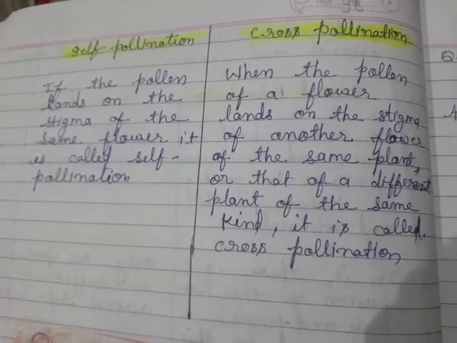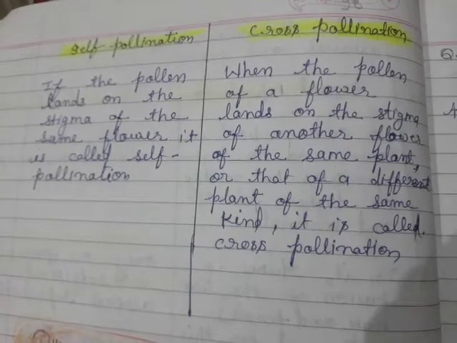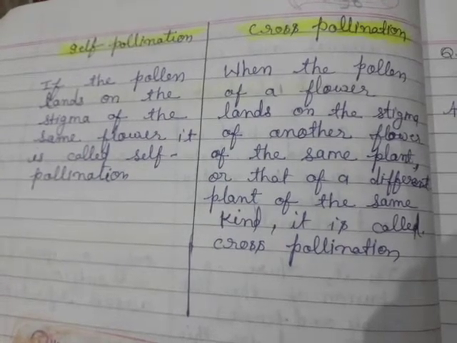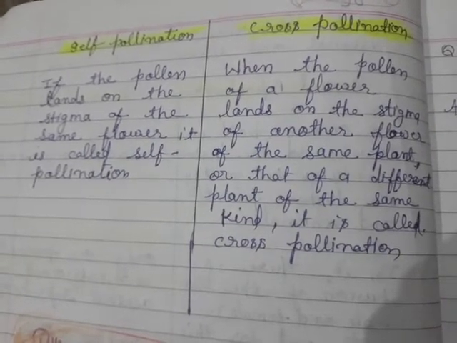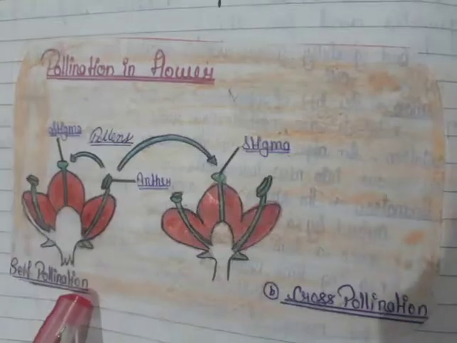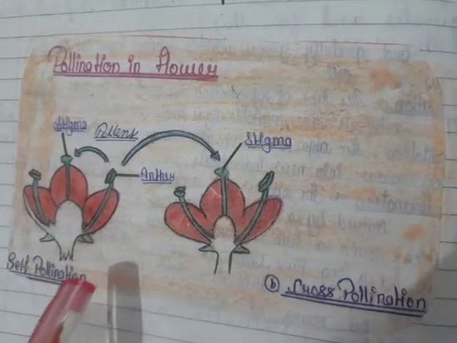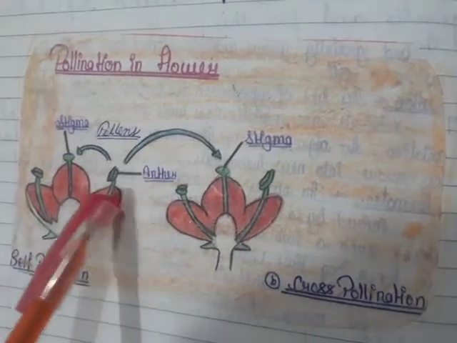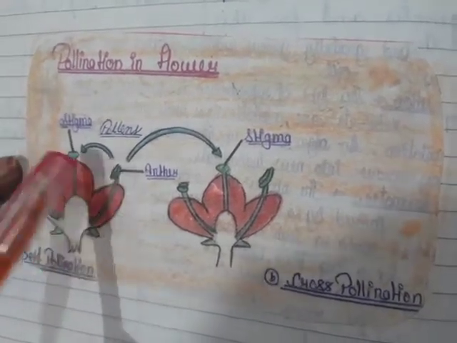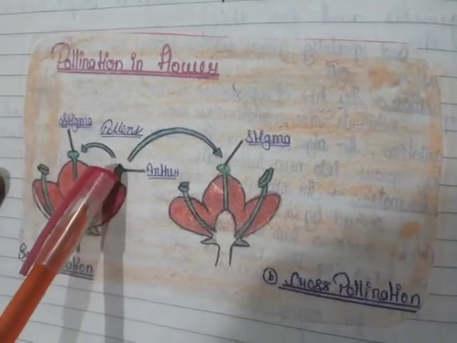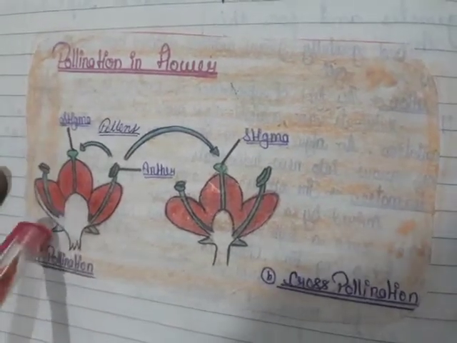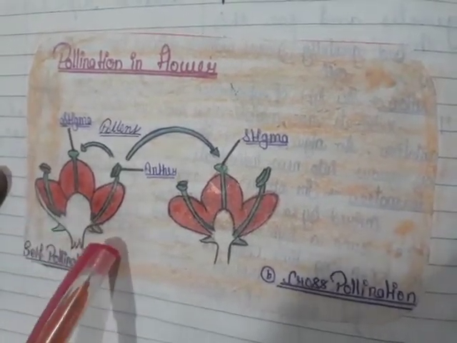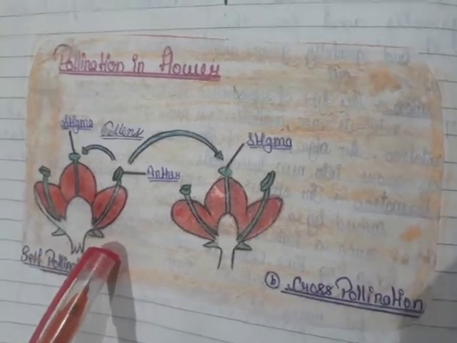If the pollen lands on the stigma of the same flower, it is called self-pollination. This diagram shows self-pollination. In this diagram, there is transfer of pollen grain from the anther to the stigma of the same flower. So it is called self-pollination.